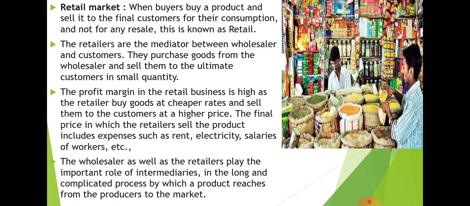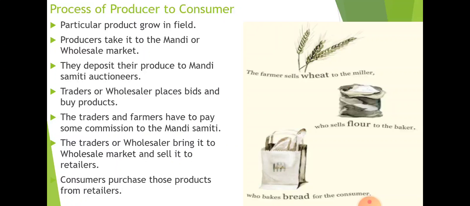That process is so long. Now there is an example given in your book showing the process in which a product is produced and how it reaches our home, basically how it reaches the customer.